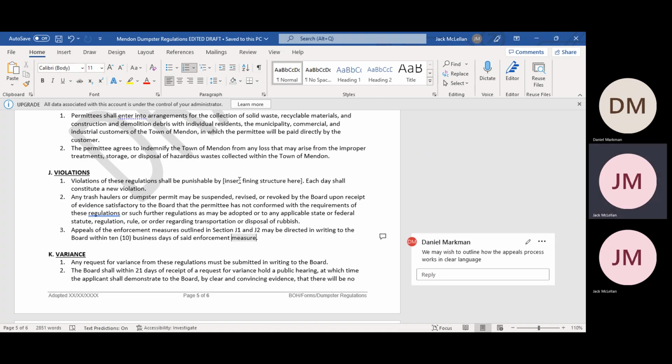But it is his dumpster. Right, it's the hauler's dumpster, but in this case, the transaction is very similar to a renter.